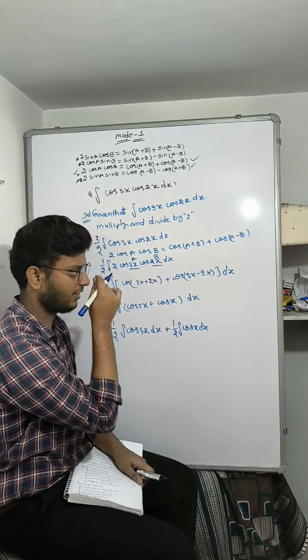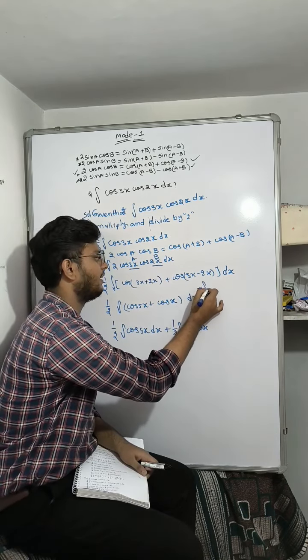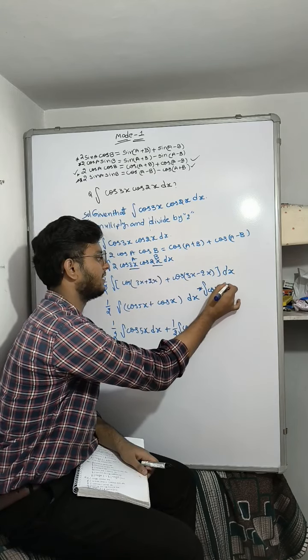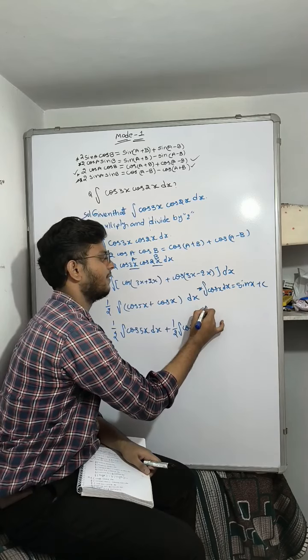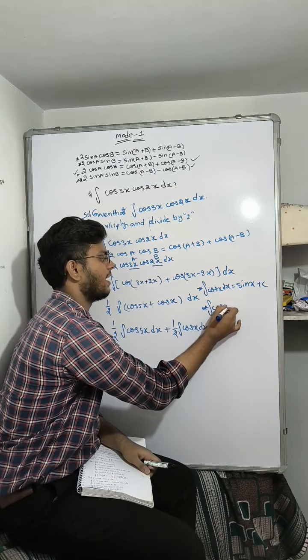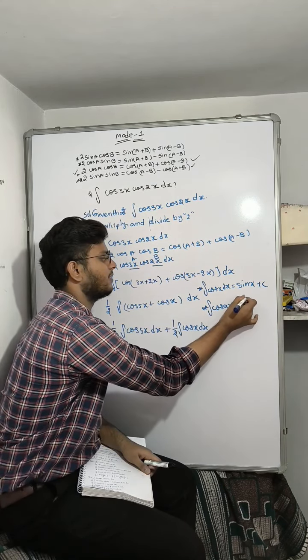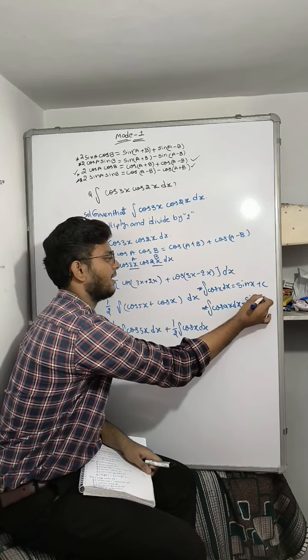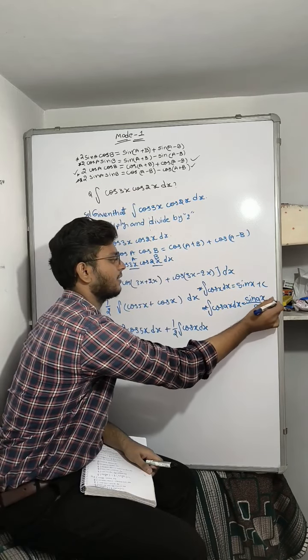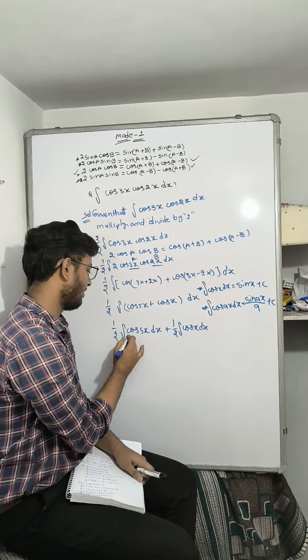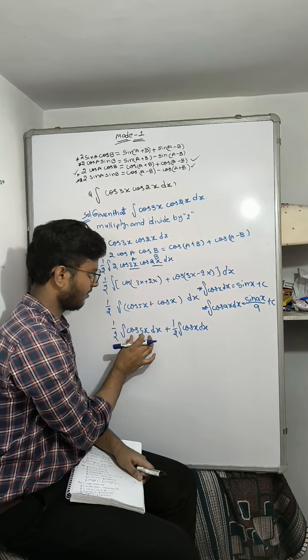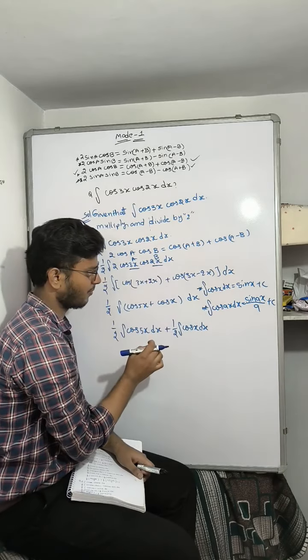We know from the integration formula, integral cos x dx means sin x plus c. Then integral cos ax dx means sin ax by a plus c. Okay, we know that, and we compare this formula to this formula.